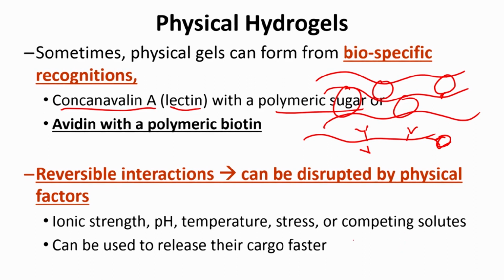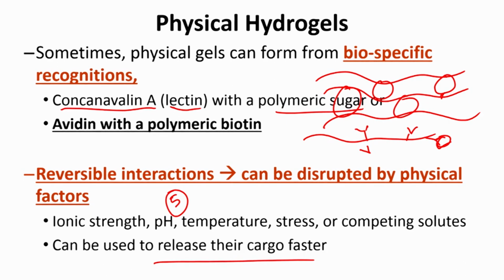And so all of these can be used as a trigger to actually release the cargo faster, right. So let us say I want a system that only releases things at a pH of 5, and I know that the two polymers that I am using that are forming these hydrogels stop interacting with each other at pH of 5.